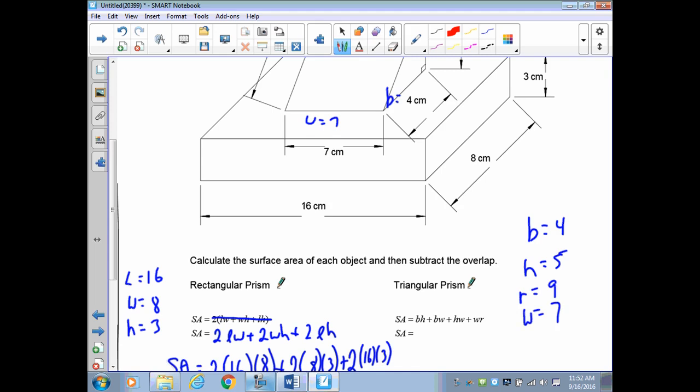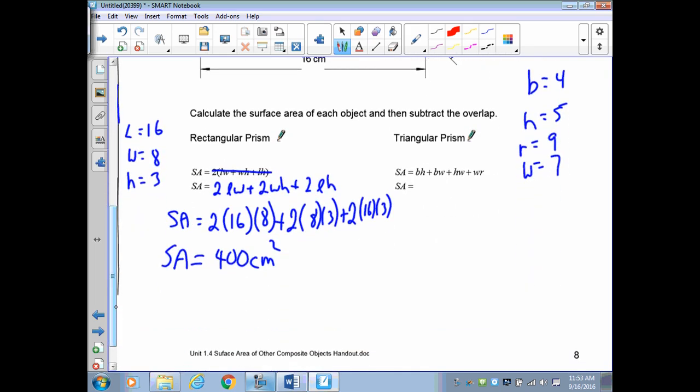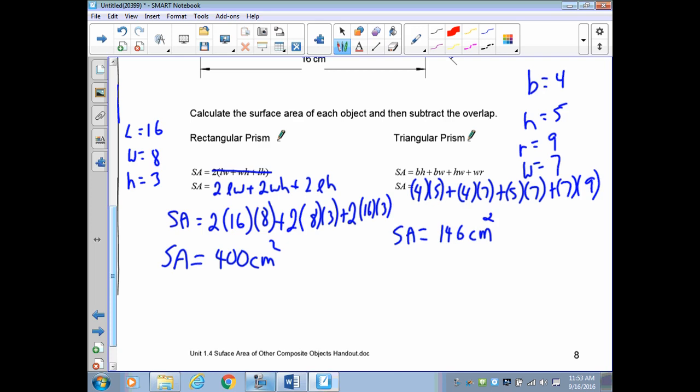All right. So now that I've got all that information in place, I'll do my substitution. So this should be 4 times 5 plus 4 times 7 plus 5 times 7 plus 7 times 9. And if everything's done right, your surface area should kick out 146 centimeters squared.